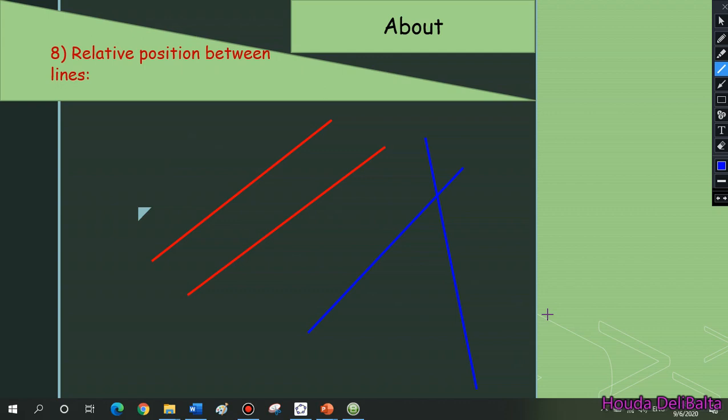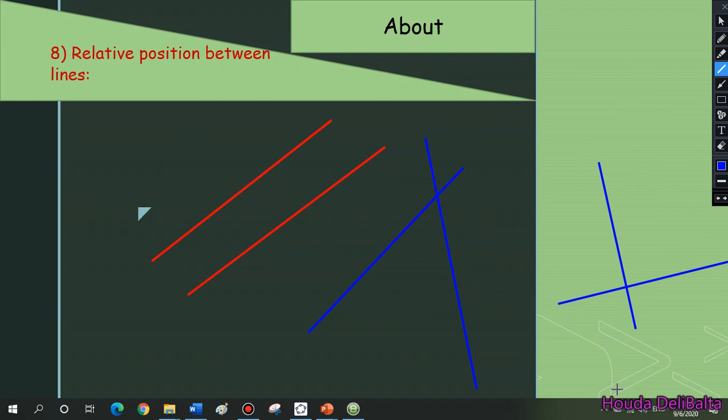Intersecting lines may be any two intersecting lines, or they may be special intersecting lines which are perpendicular. So lines can be parallel. If they are not parallel, then they are intersecting. And a special case of intersecting lines is lines that are perpendicular.